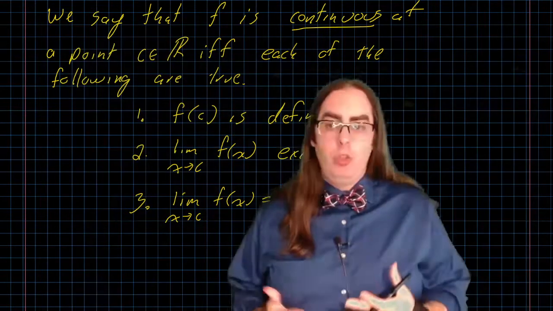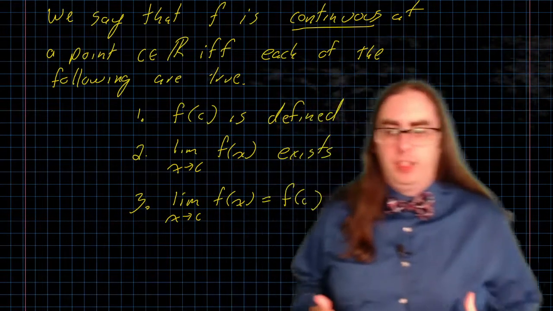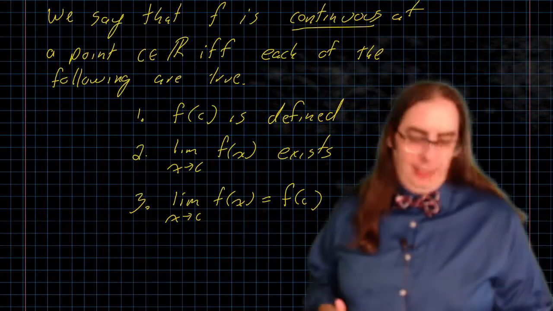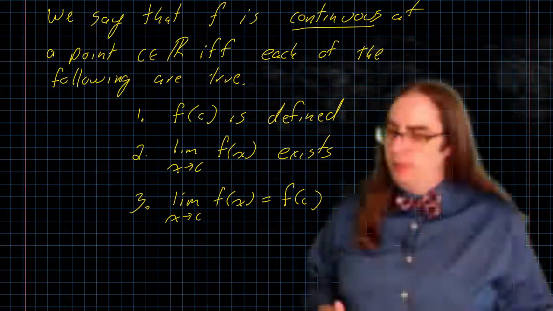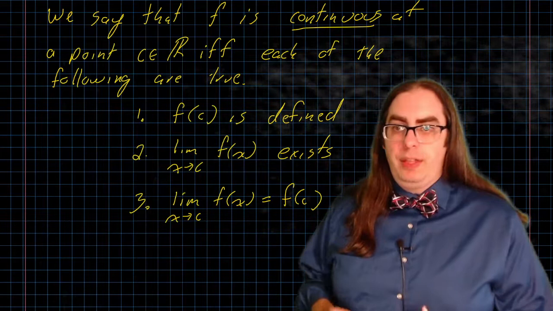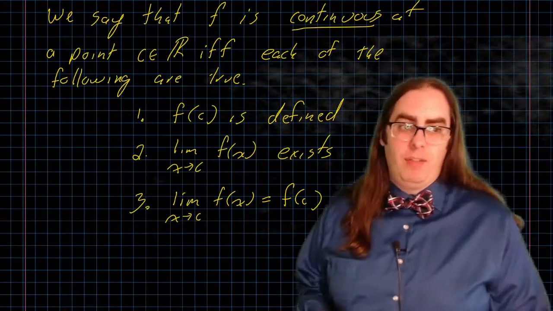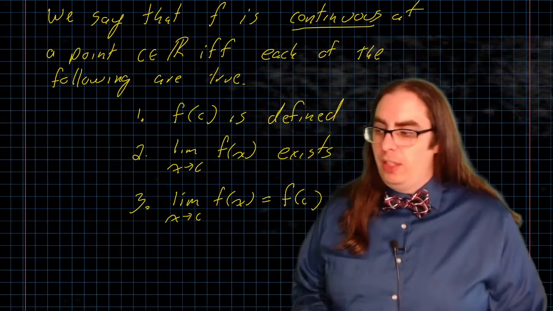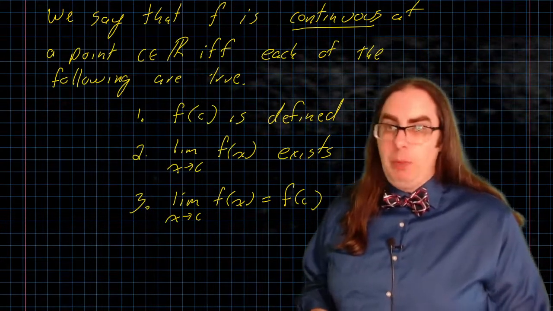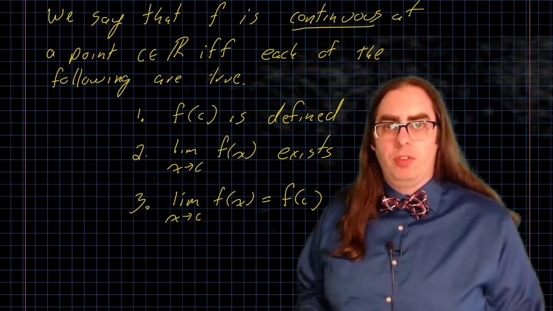When it comes to trying to use this definition, it turns out that that third point is really all we need. If we can show that the limit has a value that is the value of the function, then along the way, we must have shown that the function has a value, and we must have shown that the limit exists.